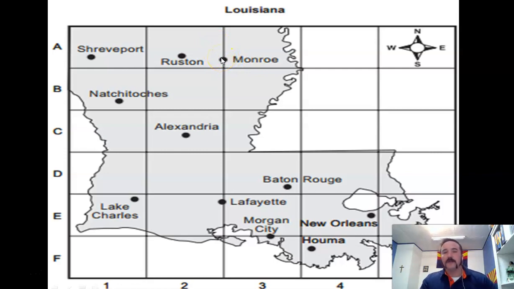That's just how to read a grid map. If I might ask you one final question before we get to our assignment, what is in C2? You correctly follow C and 2. Boom. Alexandria, Louisiana. There you go.